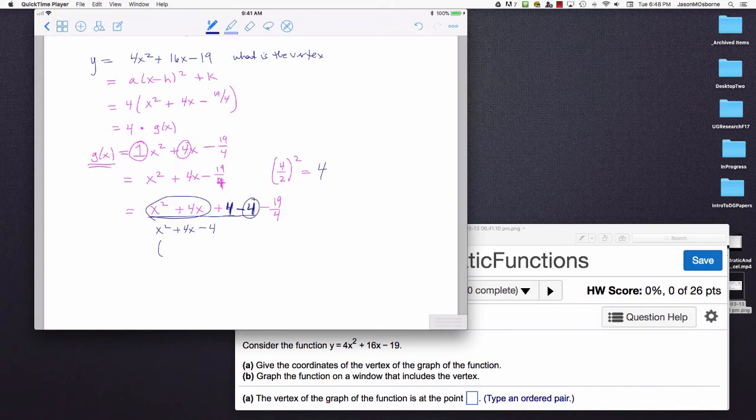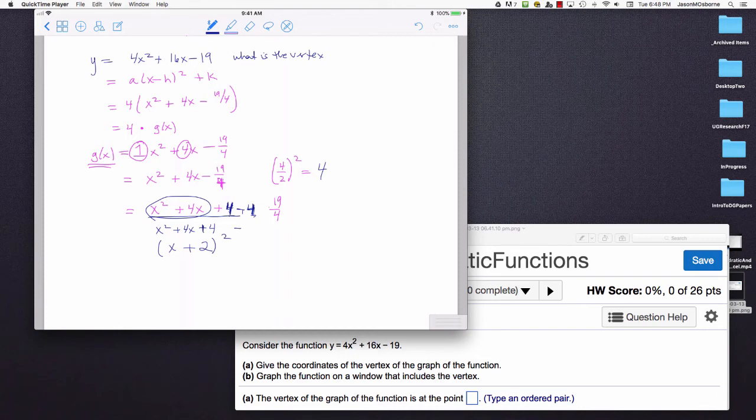The thing here is we're trying to write this as x plus some number squared. To get the 4 in the middle there, it needs to be x plus 2 squared. So we don't need the minus 4 here; what you're going to use is the positive 4.